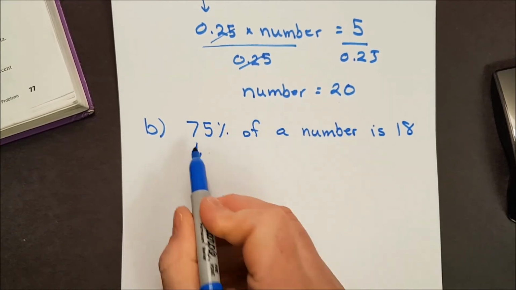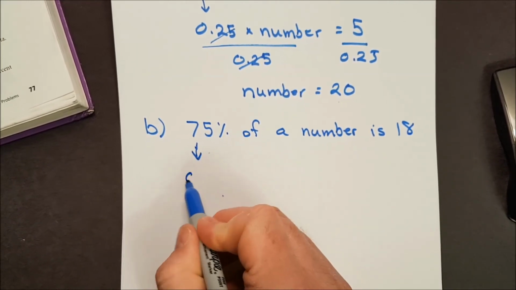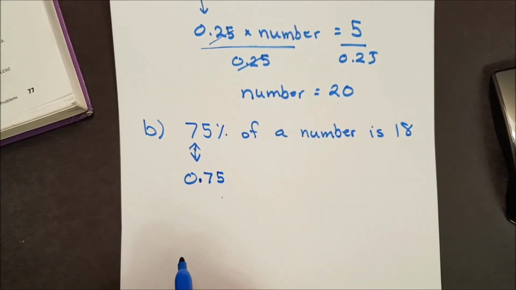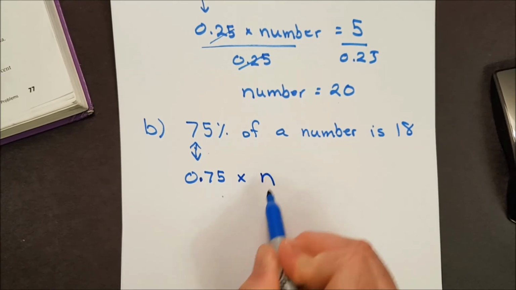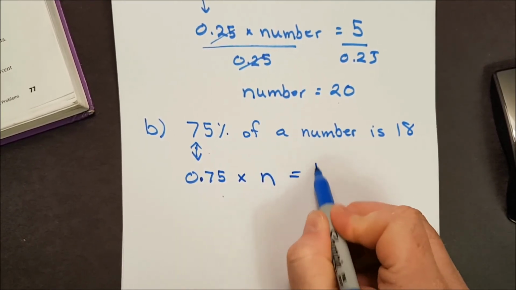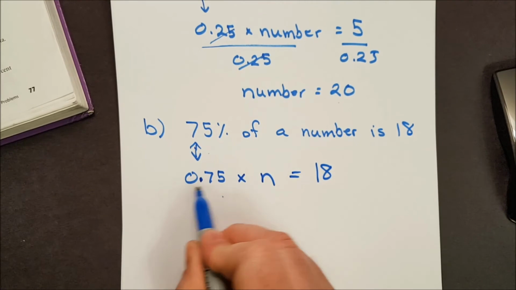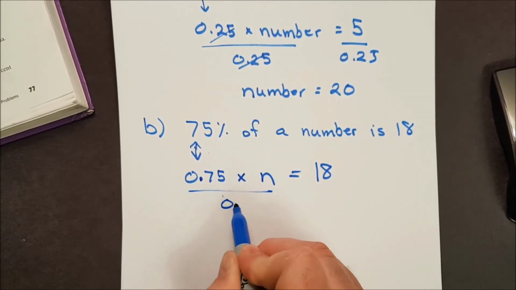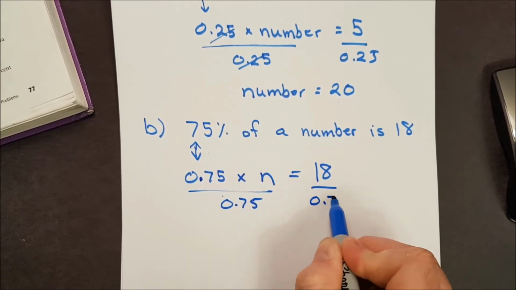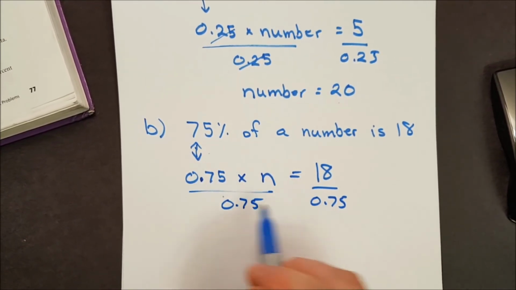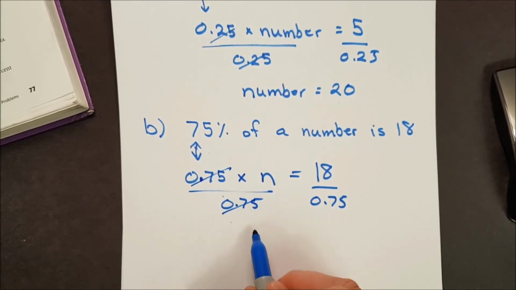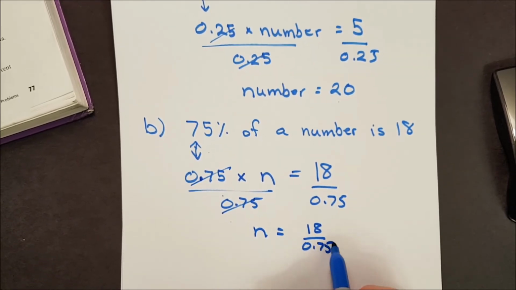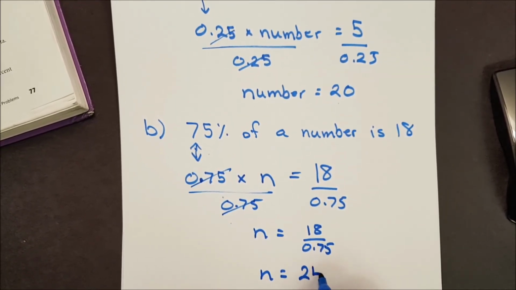They mean exactly the same thing, 75% as a symbol, or 0.75, times some number, which we'll use n for this time, equals 18. We want to isolate n, so we have to divide by 0.75 on both sides. This divided by this is 1, n equals 18 over 0.75, and n equals 24.